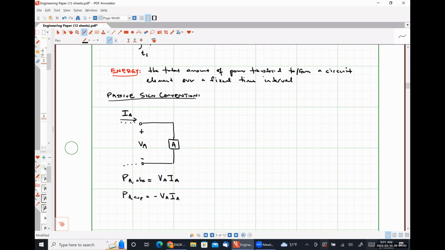Now let's look at the opposite case. We have our generic circuit element A. We have some voltage drop VA across it. But now our current is flowing into the negative polarity terminal, right?